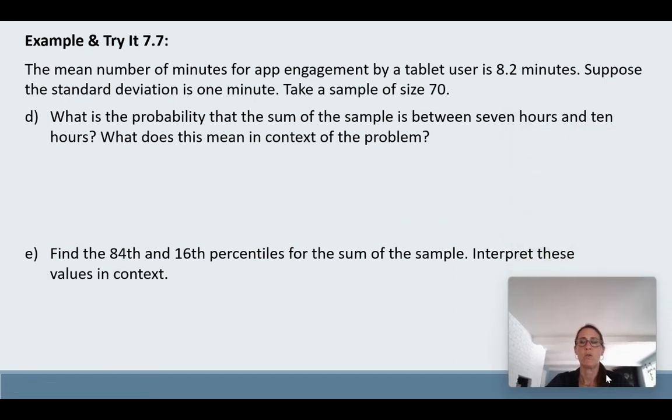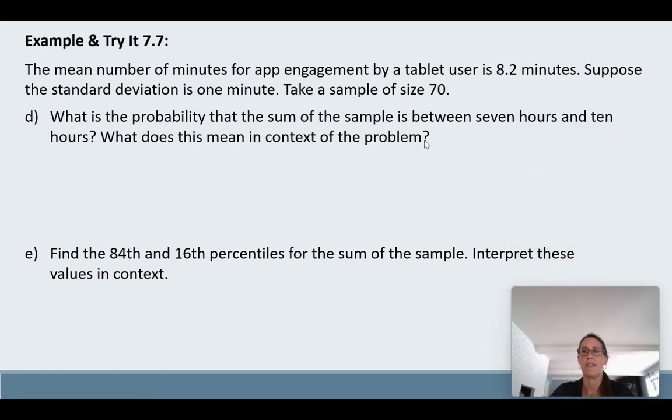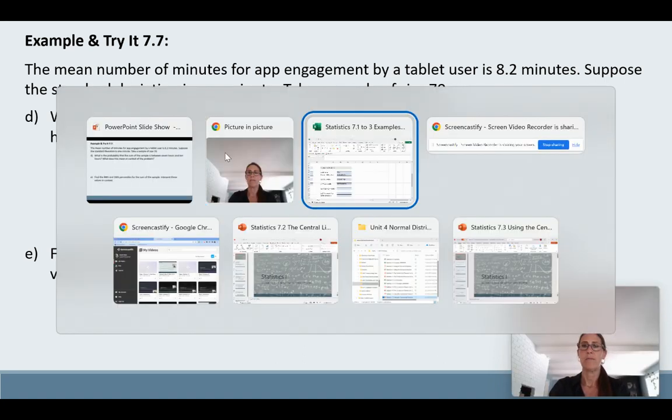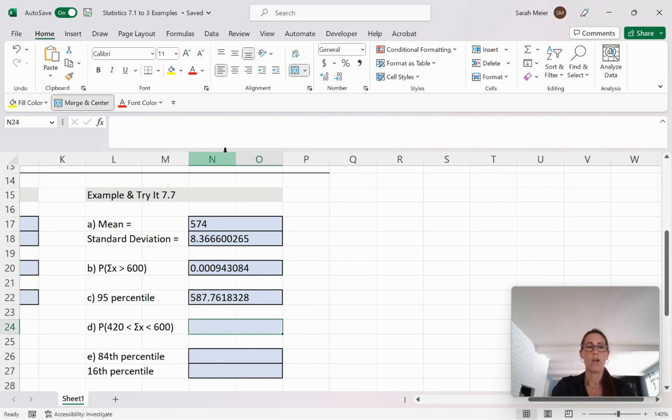So we know this information. What is the probability that the sum of the sample is between 7 hours and 10 hours? What does this mean in the context of the problem? Again, we have to convert the hours into minutes because our mean and standard deviation are in minutes. So 7 hours times 60 minutes is 420 minutes.